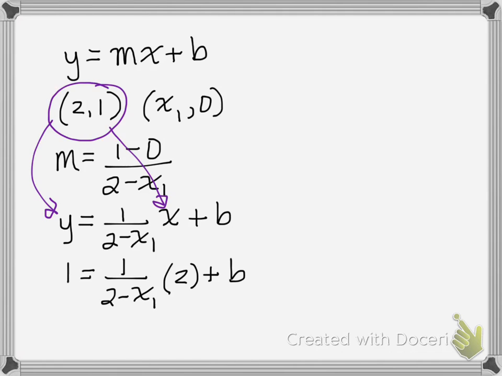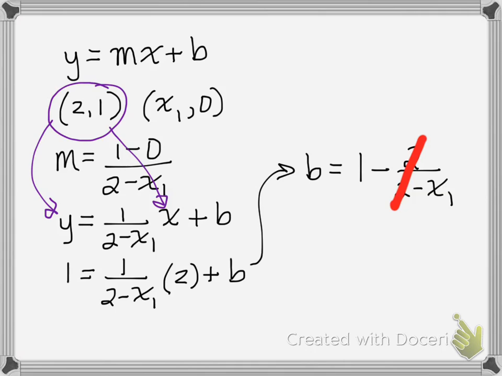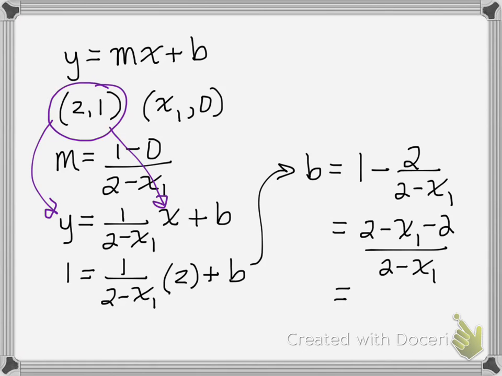Now I'm going to solve for b. So b is equal to 1 minus 2 over 2 minus x1. If you try and cancel these two 2's, I'm kicking you out of the class. Can't cancel those. Let's simplify this a little bit, though. If I get a common denominator of 2 minus x1, I have 1 minus 2 over 2 minus x1, and then I can do 2 minus 2 up here, so I've got negative x1 over 2 minus x1.